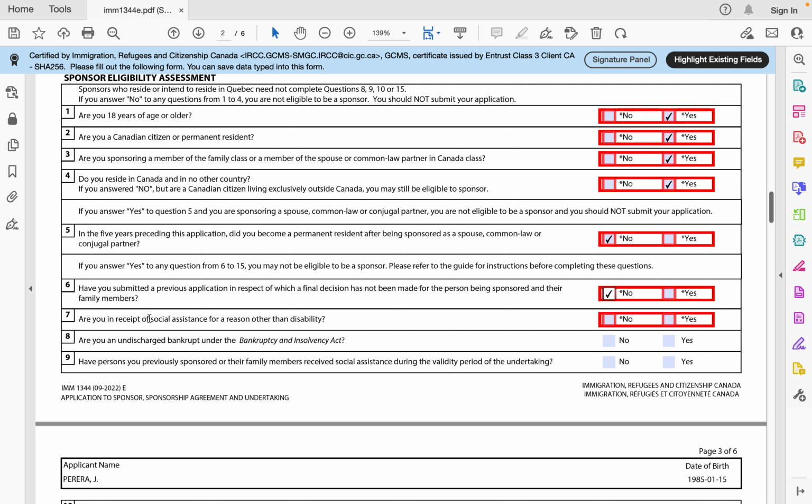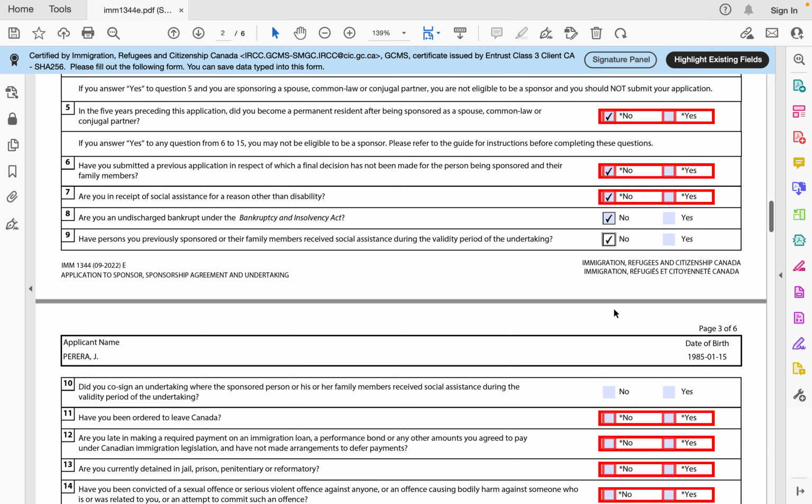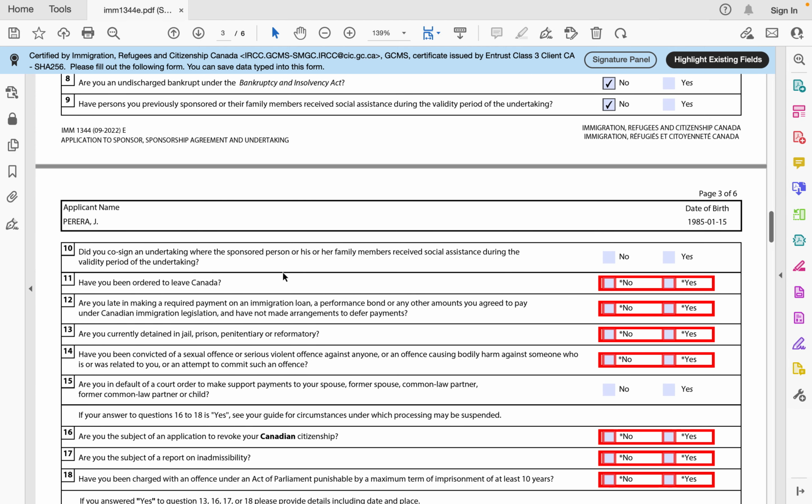Are you in receipt of social assistance for a reason other than disability? Again no. Are you an undischarged bankrupt under the Bankruptcy and Insolvency Act? No. Have the person you previously sponsored or their family member received social assistance during the valid period of undertaking? Again, no. These are based on my scenario.